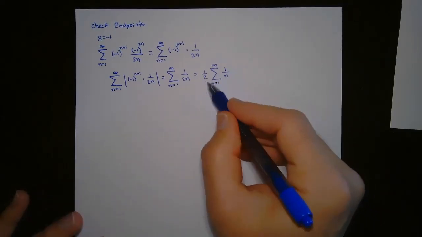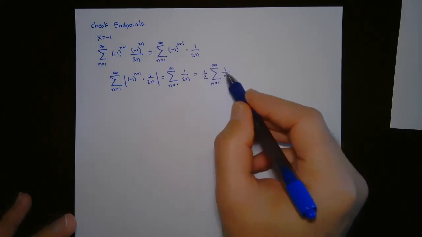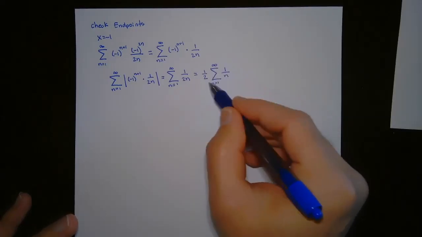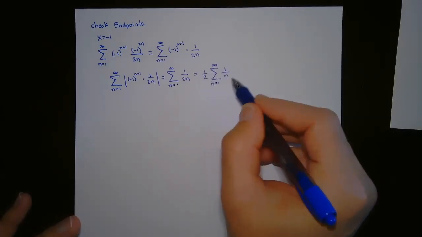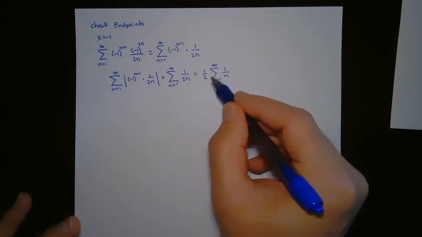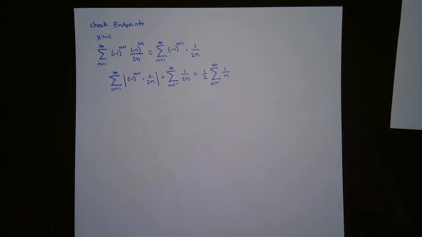Now, what do we know about this series? Well, that's the harmonic series, right? So if this is the harmonic series and I'm simply multiplying by 1/2, this diverges. So multiplying by 1/2 is also going to diverge, right?